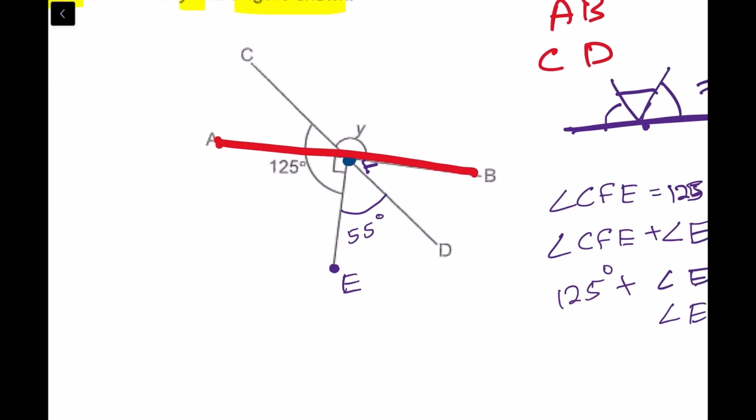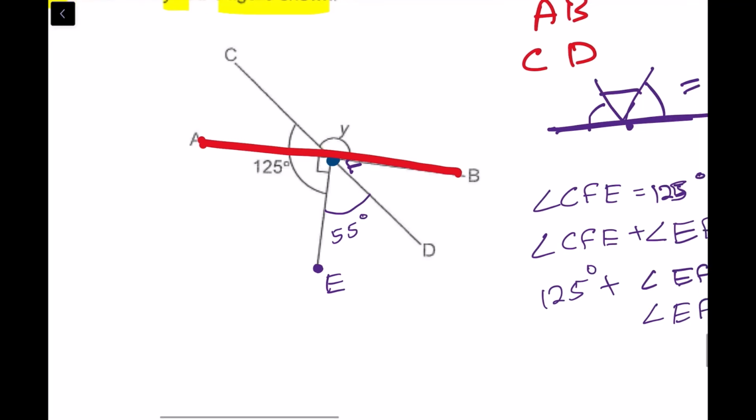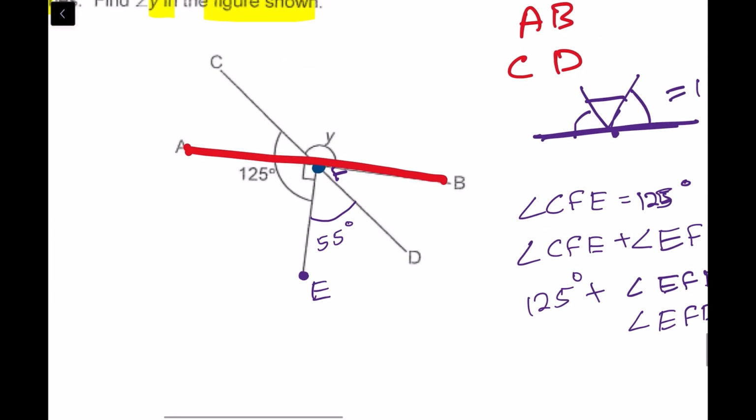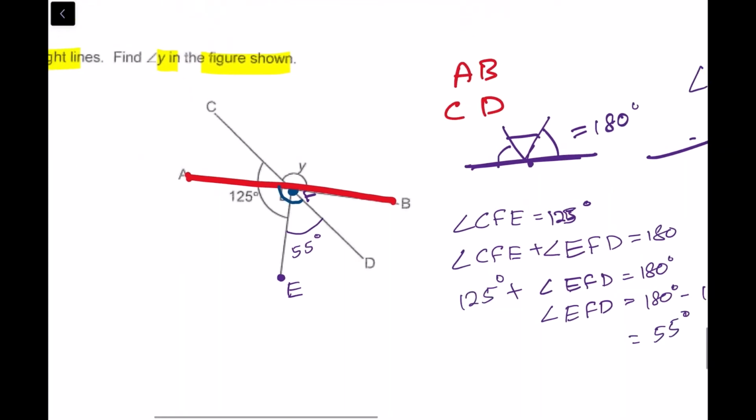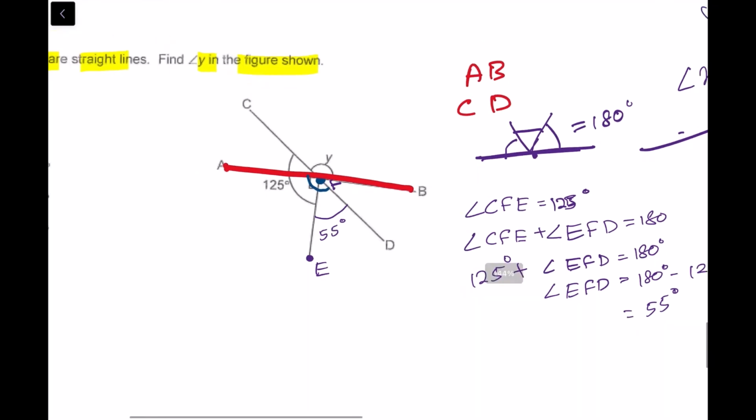If you observe closely, angle Y, okay, CD and AB intersect at point F, and angle Y is equal to angle AFD, because they're vertically opposite.